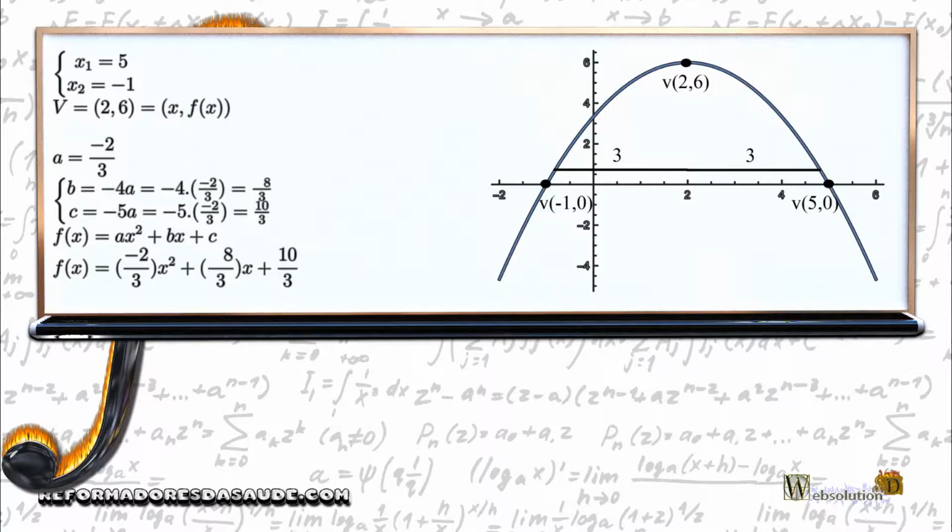Noting the rule of signs, minus times minus is plus, then c is equal to 10 over 3. Finally we arrive at the values of the coefficients of the given function. We see that f of x is equal to minus 2 over 3 x squared plus 8 over 3 x plus 10 over 3.